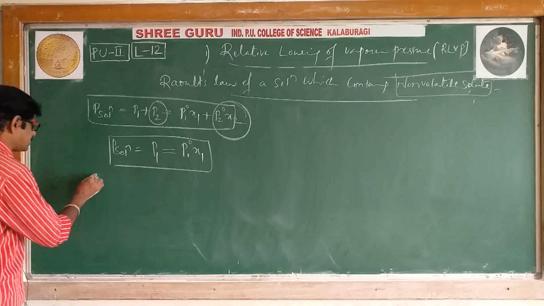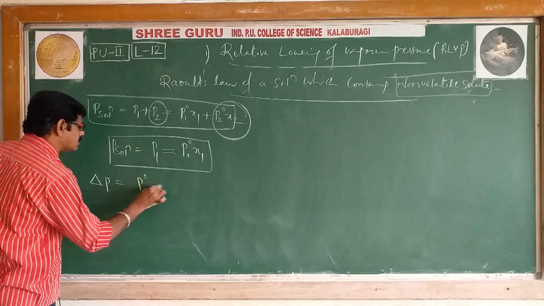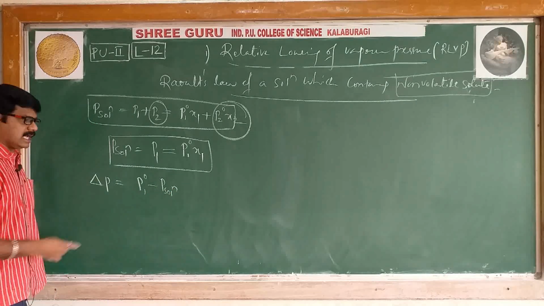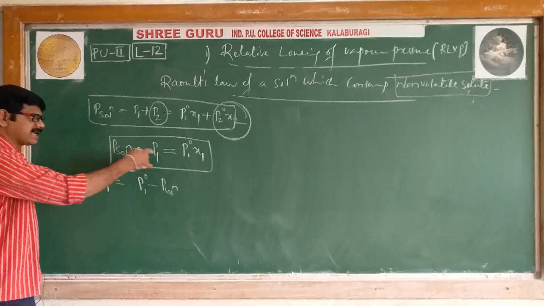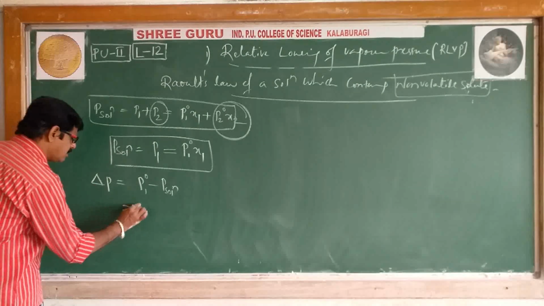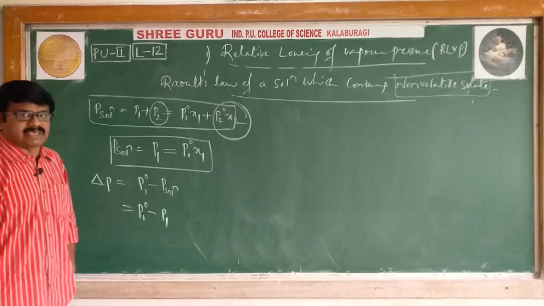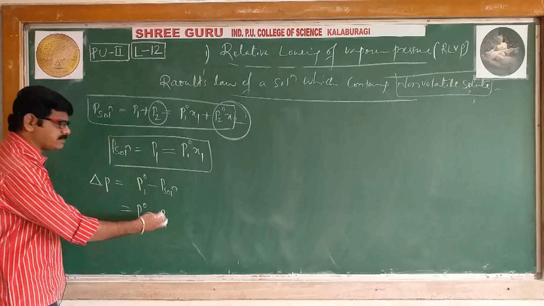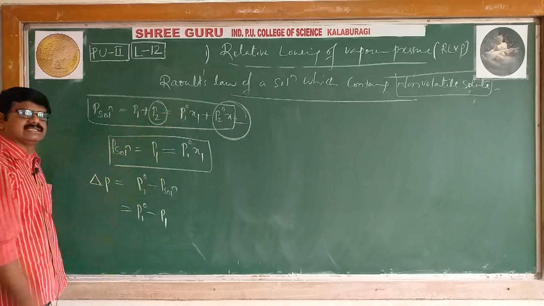Lowering of vapor pressure formula, delta P is equals to P1 naught minus P solution, I have taken. Now, instead of solution, I will write P1. Therefore, P1 naught minus P1. What is P1? P1 is nothing but the solution vapor pressure, because it contains a non-volatile solute.